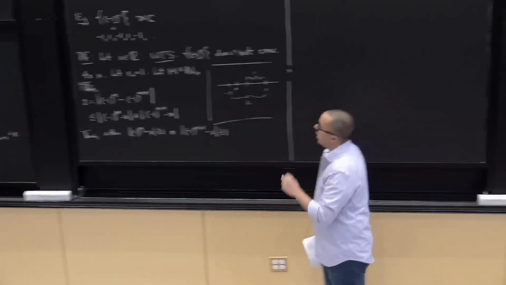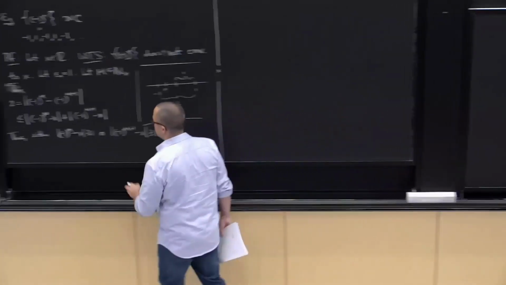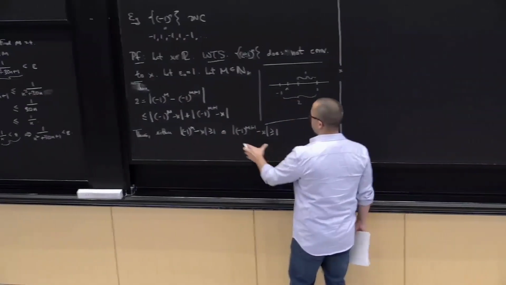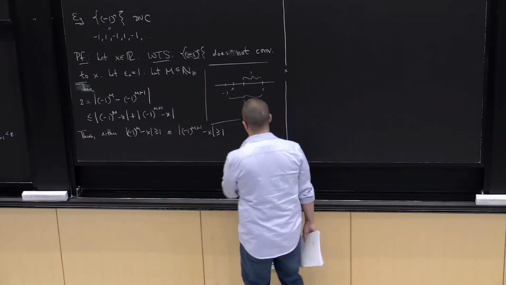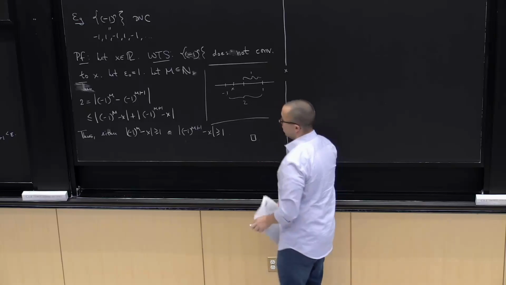And therefore, I could take n equal to capital M if this is bigger than or equal to 1, or if this is bigger than or equal to 1, I take little n to be capital M plus 1. So that's the end of that.